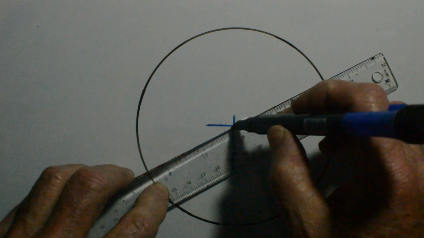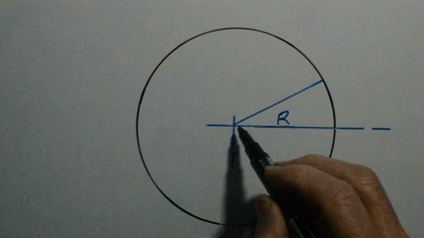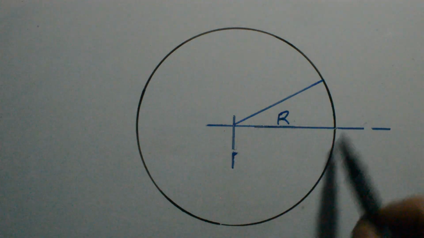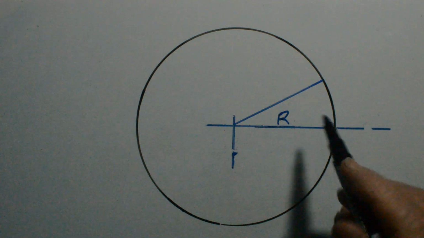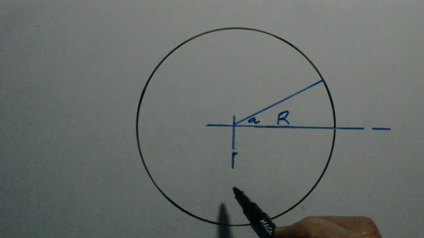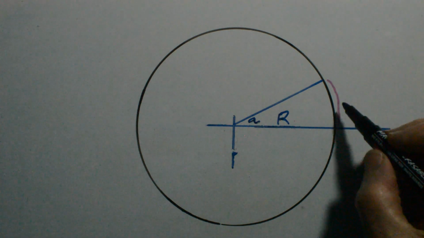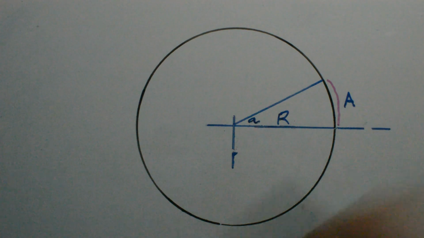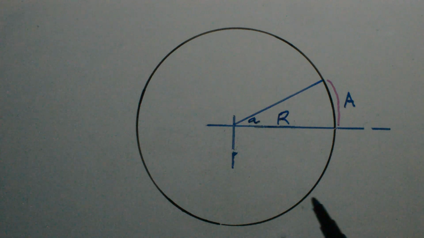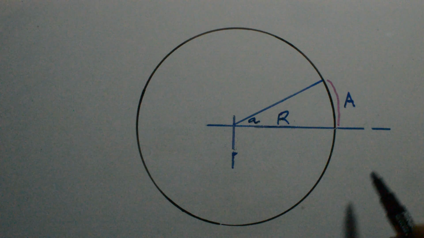Here is a sector of the circle, and I'm going to call this little angle, which I can measure, a, and this arc, big A. Now we want a formula for this, and I'm just going to write it out.